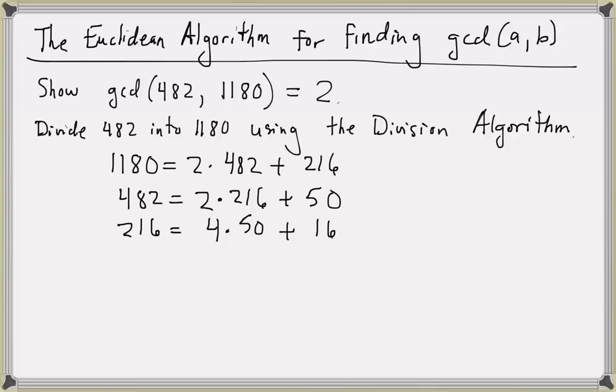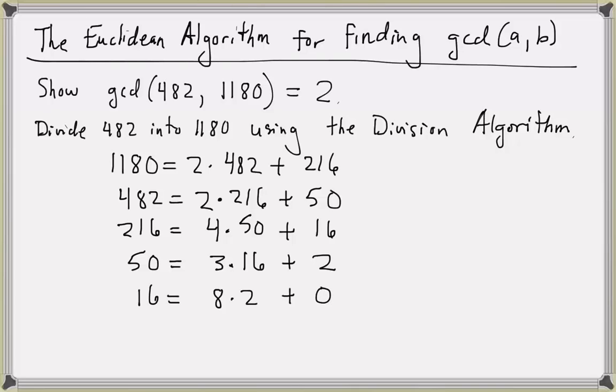Let's continue. So I'm going to divide 16 into 50. Well, 50 equals 3 times 16, 3 times 16 is 48, plus a remainder of 2. And if I do this one more step, we see that when I divide 2 into 16, I'll get a 0 remainder, because 16 equals 8 times 2 plus 0.